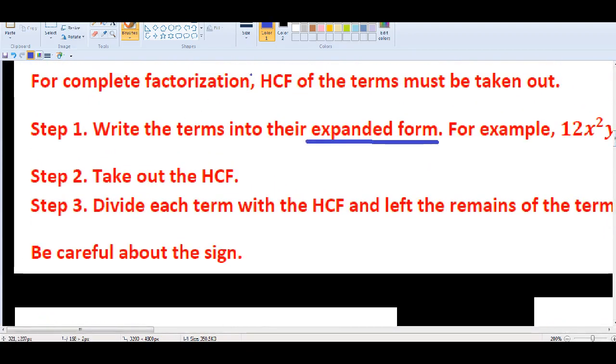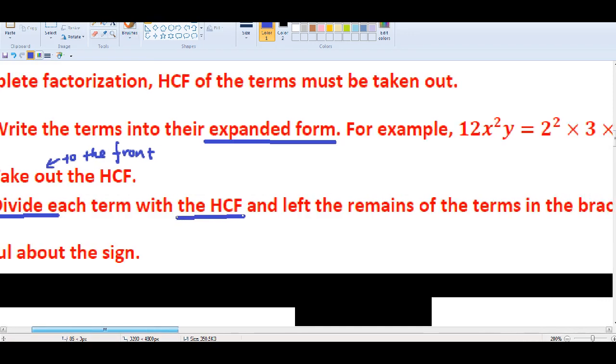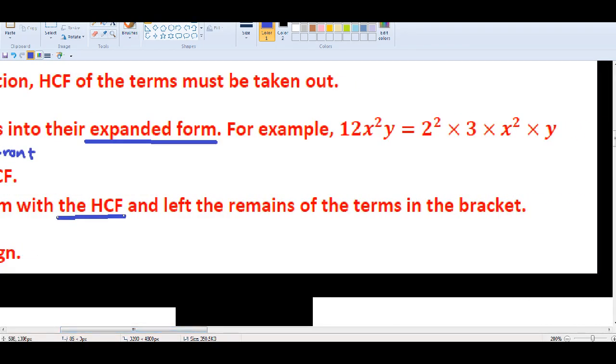Take out the HCF, that means to the front of the bracket. So what will be left behind in the bracket? You need to divide each term by the HCF and leave the remains of the terms in the bracket.